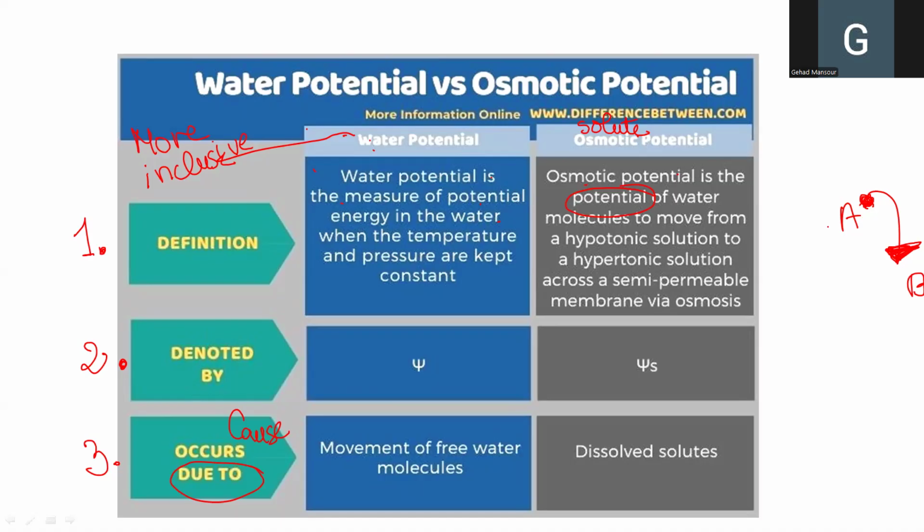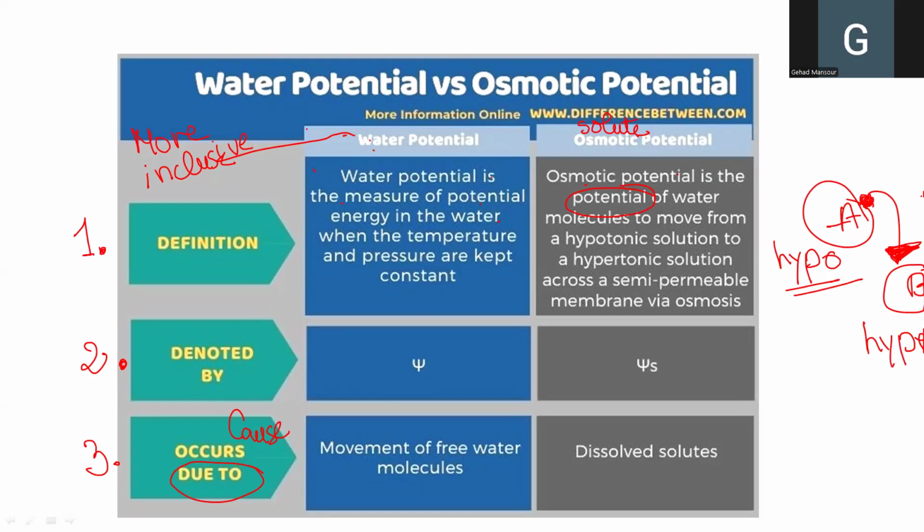So if I ever tell you that water moved from A to B, then definitely, without reflecting on it, side A is the hypotonic side and side B is the hypertonic side.